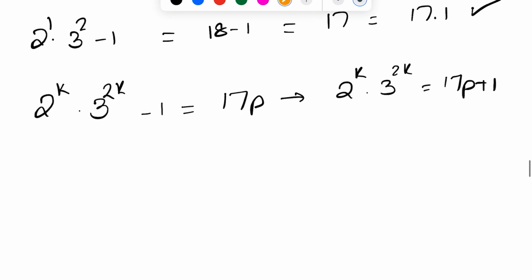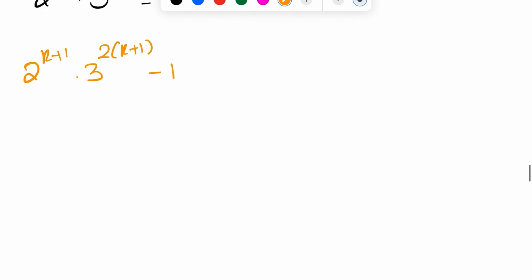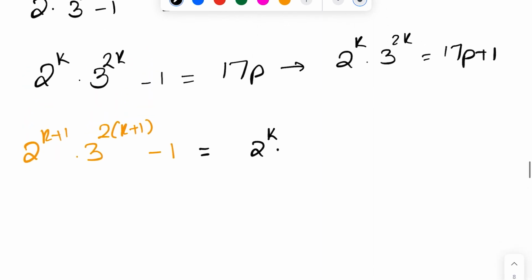Now I have to prove that it is true for n equals k plus 1. 2 power k plus 1 times 3 power 2 times (k plus 1) minus 1. It should be equal to 17 times something. So 2 power k times 2 power 1 times 3 power 2k times 3 power 2 minus 1.